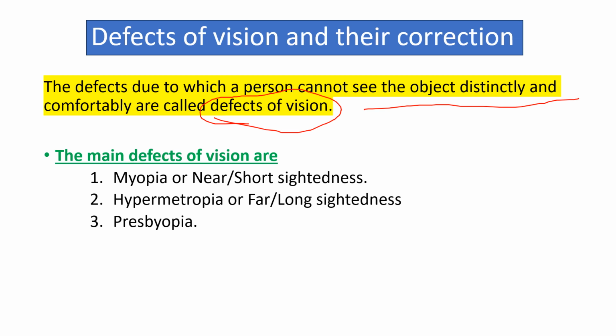The main defects of vision are myopia, also known as near or short sightedness. Second, hypermetropia, also known as far or long sightedness. And the third type of defect is known as presbyopia. So these are the defects a person suffers. Let's start with them one by one.